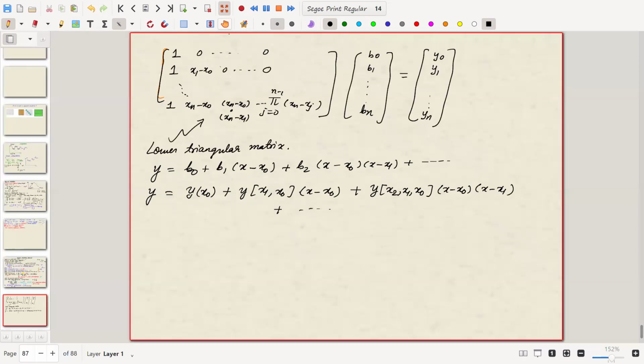Now you can see that you have an explicit expression to compute this polynomial, this Newton's interpolating polynomial. Can you see? You already can compute this. You already know this. You can compute this one. And you already know these points. And this is the x, which gives you the polynomial. So y will be a function of x.